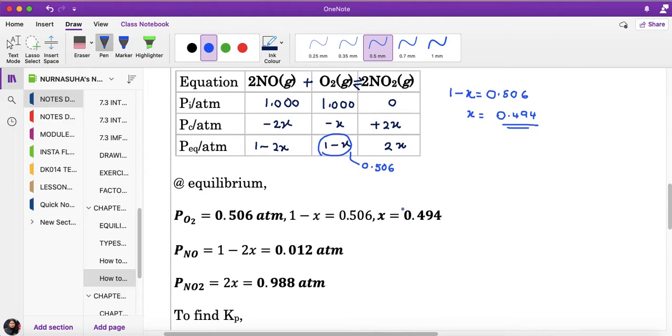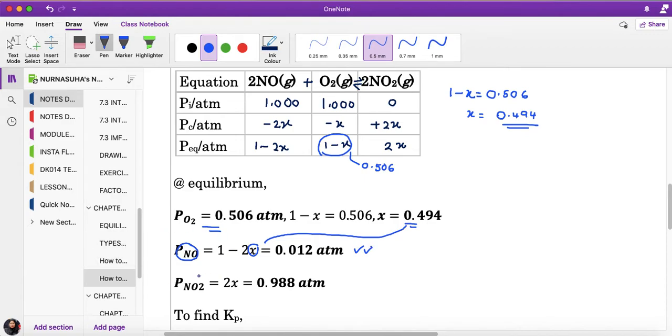So at equilibrium, yang ni, dia dah bagi kan? So dah tahu value of X, so carilah pula pressure untuk NO. Yang ni. So 1 minus 2X sama dengan, awak masukkan X value ni. So you will get 0.01280 atm.